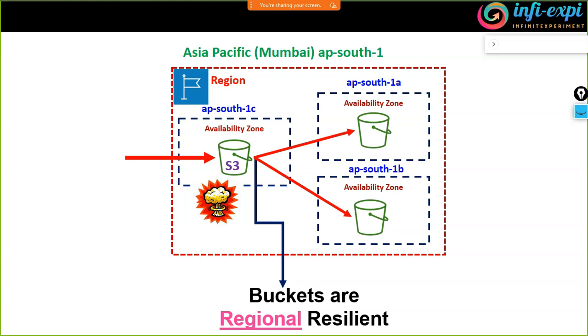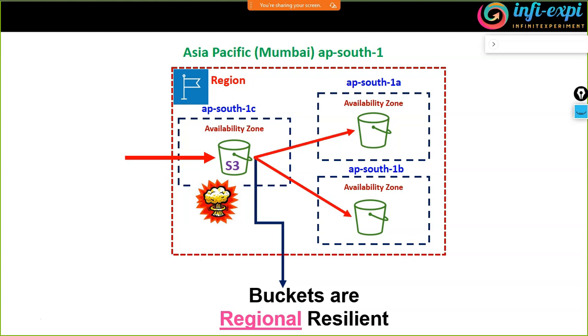You're getting it? So when you trigger one S3 instance into one particular availability zone, if that zone goes down because of a power grid failure, or some other reason, then your bucket there also goes down.